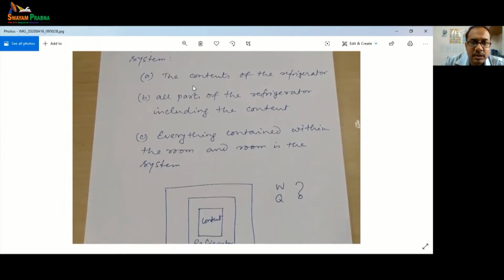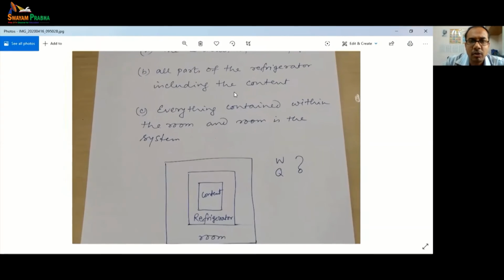First case is the content of the refrigerator is the system. That means the food items, milk and other things that you have inside the refrigerator, that's your system. The second case is all parts of the refrigerator including the content, so the whole refrigerator is your system now.